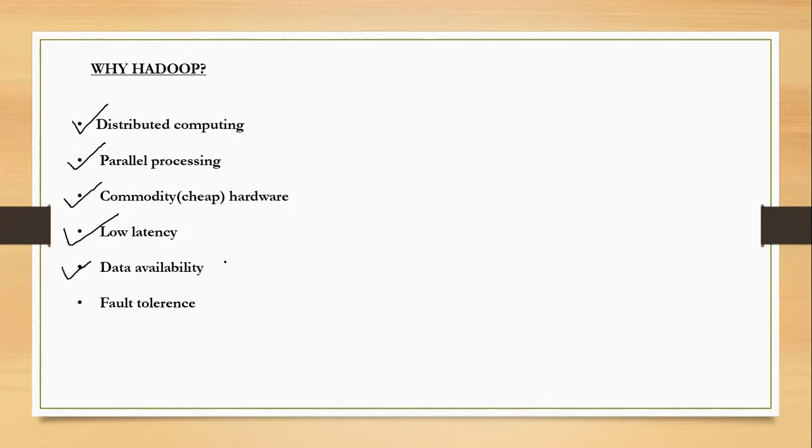Whatever data is stored in Hadoop has a replication factor. You can change that replication factor, but initially it is 3. Whenever you are working with any Hadoop system, the replication factor of each thing is 3.